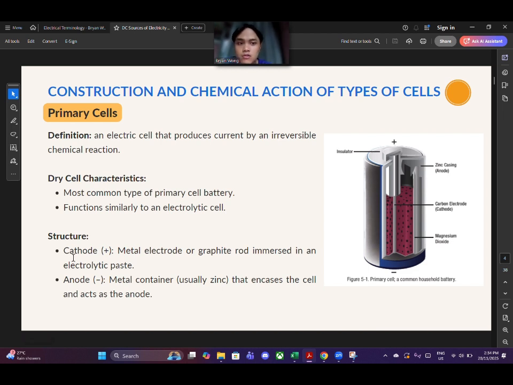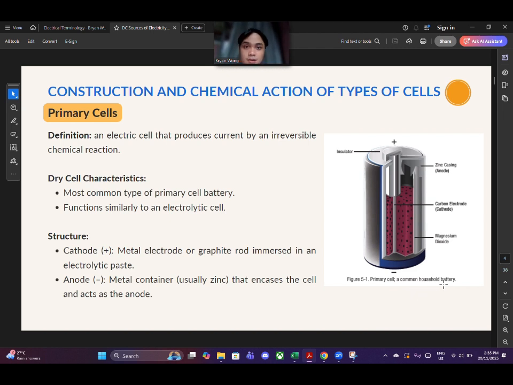So what is the structure of primary cells? The cathode, the positive part, is the metal electrode or graphite rod immersed in an electrolytic phase. The anode, the negative structure, is a metal container, usually zinc, that encases the cell and acts as the anode. Based on this diagram, you can see this is a primary cell found in a common household battery.